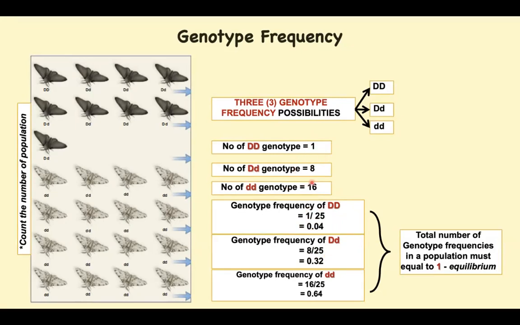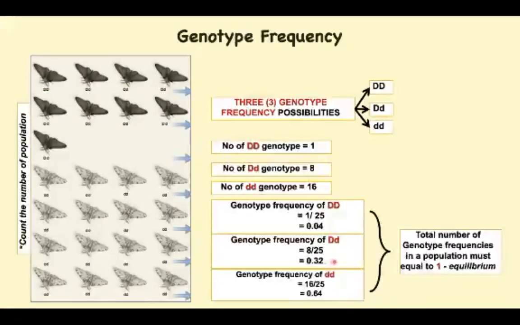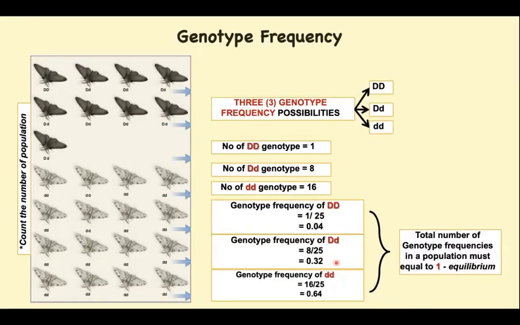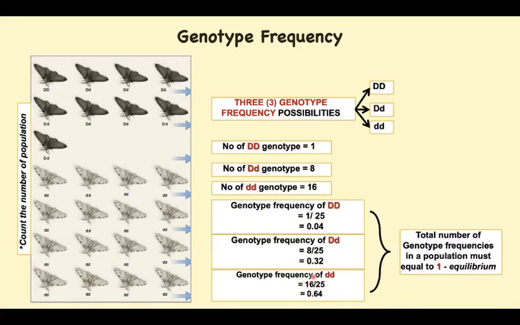Because ada kat sini 8, here 8 over the total is 25, so you get 0.32. So counting the genotype frequency of the homozygous recessive is the same thing juga, cuma this time ada 16. So 16 over 25, you get 0.64.